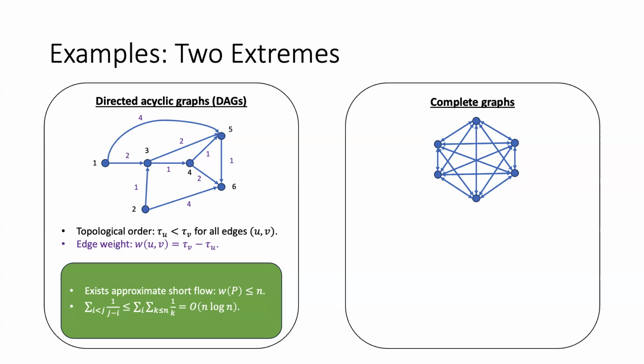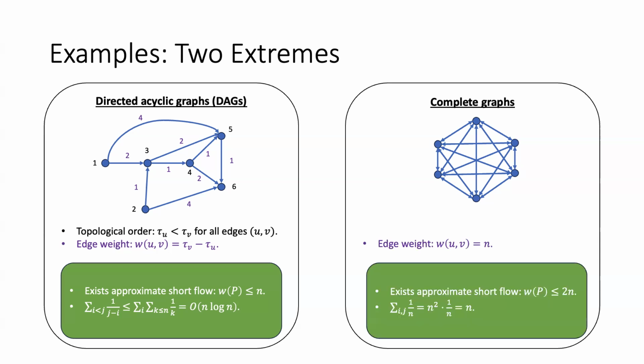The other extreme is a super well-connected graph, a complete graph. Intuitively, because it's so well-connected, no single edge in this graph is very important for finding an approximate flow, because there are so many ways to reroute flow around it. So in this case, we will just set the weight to be the number of vertices, n. This is very large.